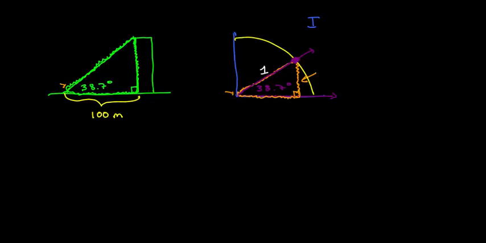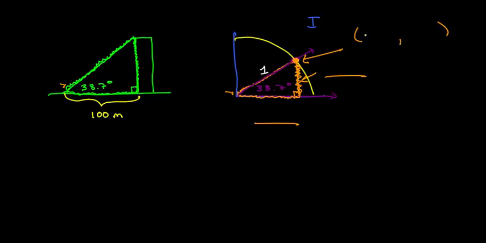I'm going to use my calculator to get this length over here and to get this length down here. Now, how am I going to do it? Well, I know that the height, so this point right here, has coordinates.